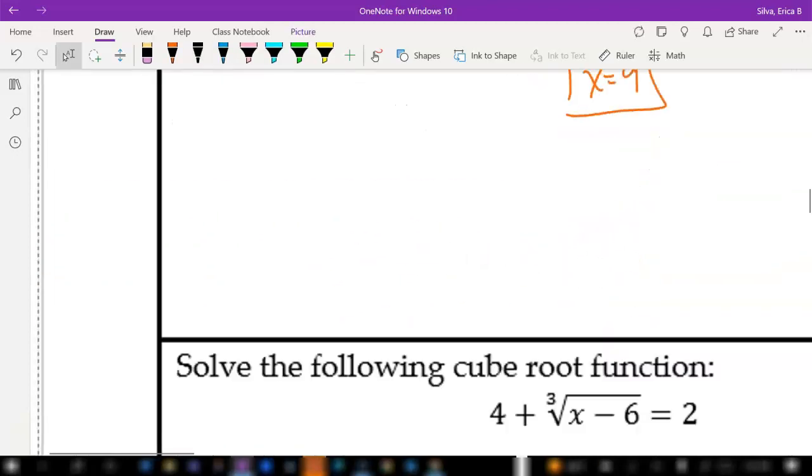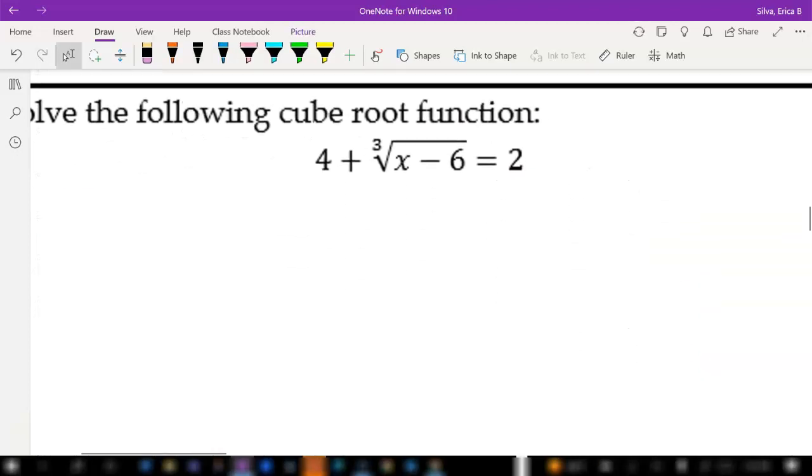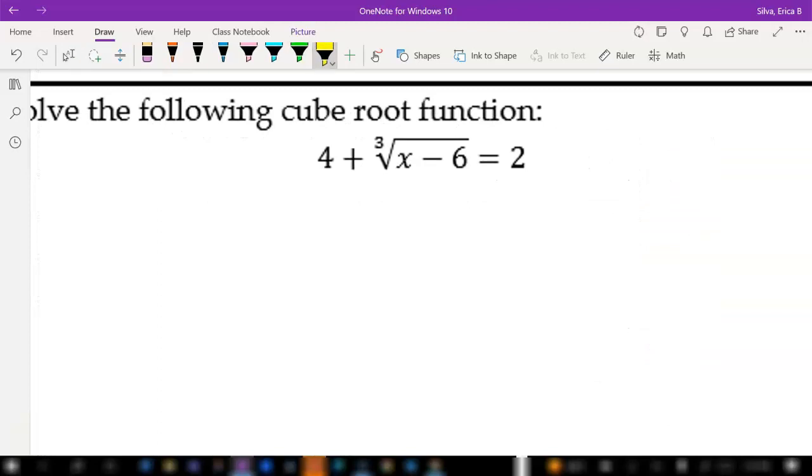Moving on to the next problem. We're going to solve this one. Notice how in this equation, your radical is not isolated. What's keeping us from having it isolated is this 4. It's being added, so we're going to subtract the 4 from both sides.